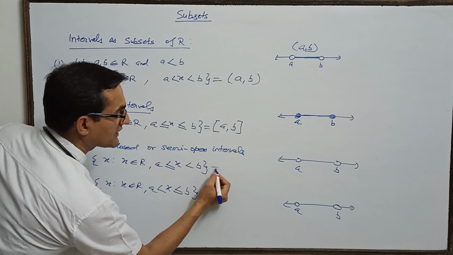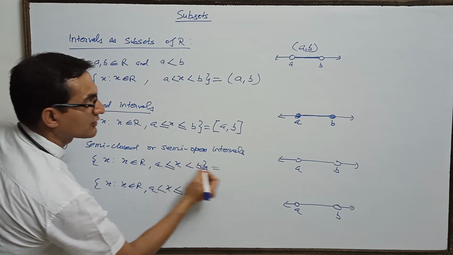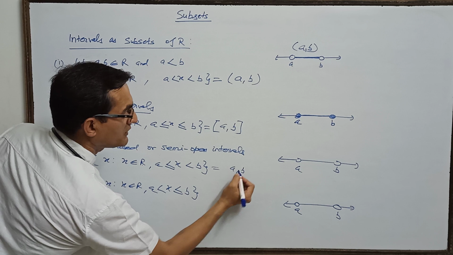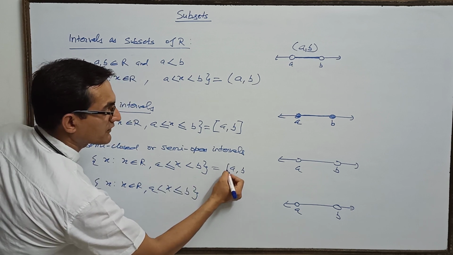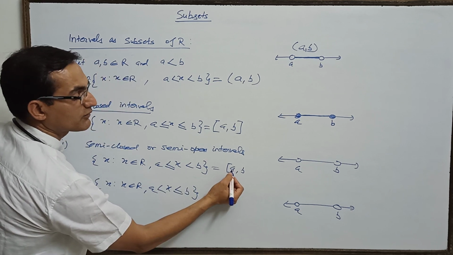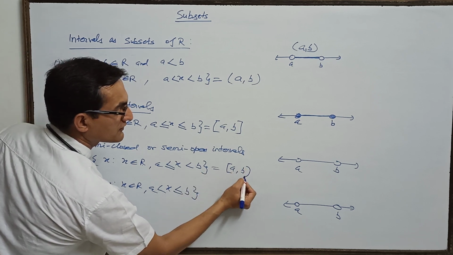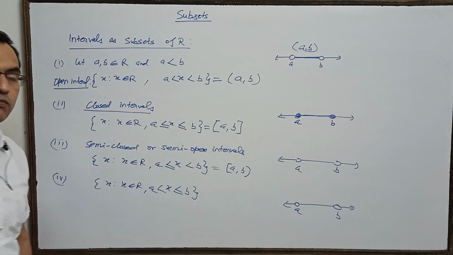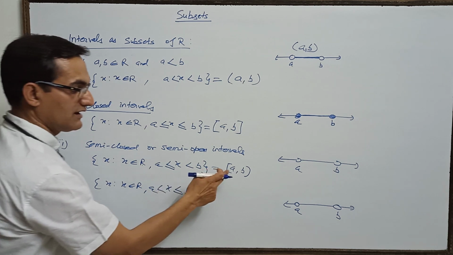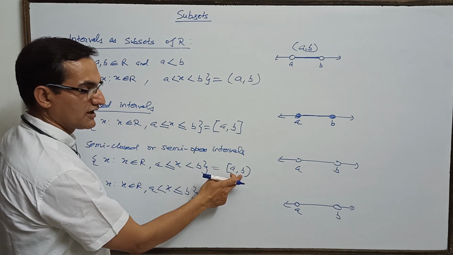We will write it in interval form. A is included, so on this side which symbol will we use? The closed interval's. And B is not included, less than B, so on this side we will use the open side. It means A is included and B is not included.